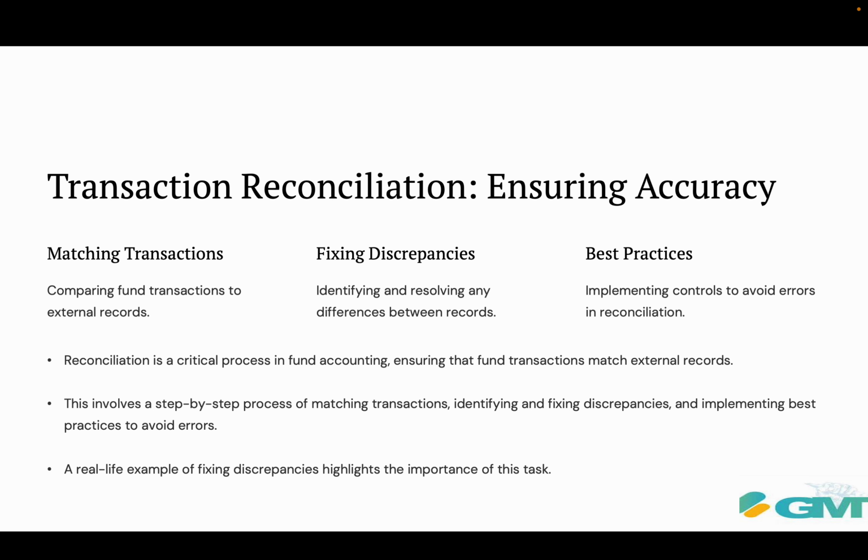Every investment, trade, dividend and fee must be verified. Imagine a fund purchases 100,000 shares of Apex stock. The trade should appear in multiple records: the fund's internal system, the broker's report and the custodian statement. If they don't match, something needs to be fixed.